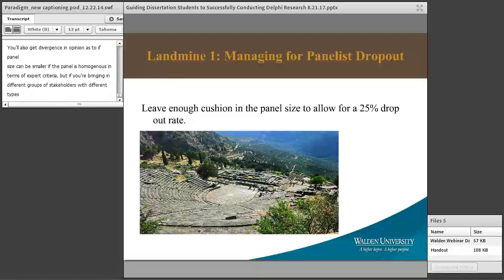Again, there's not a consistent understanding on that. Where I guide my students is that a good panel size is about 25, which allows for about a 25% dropout rate. So we're still in the high teens in terms of the number of participants.